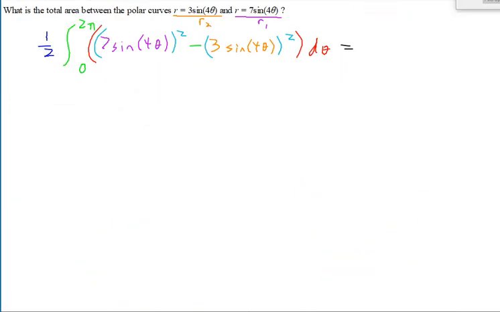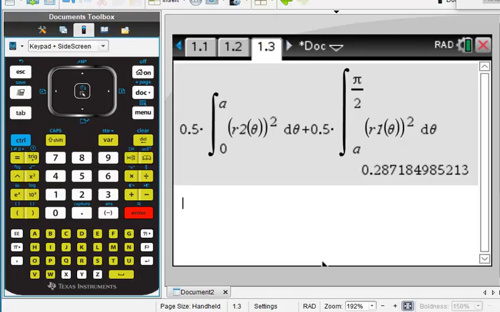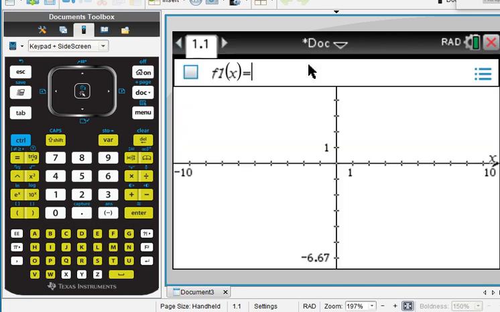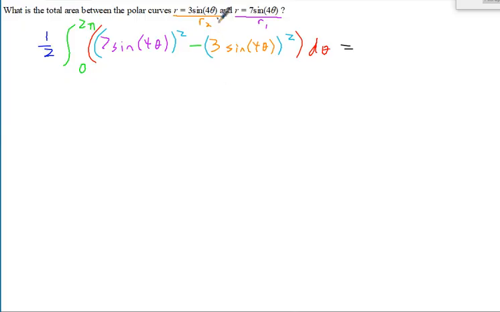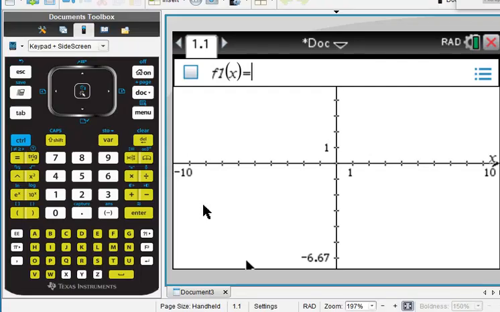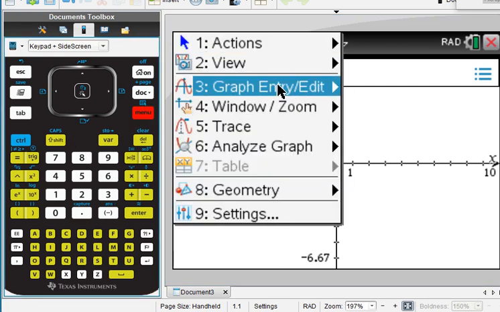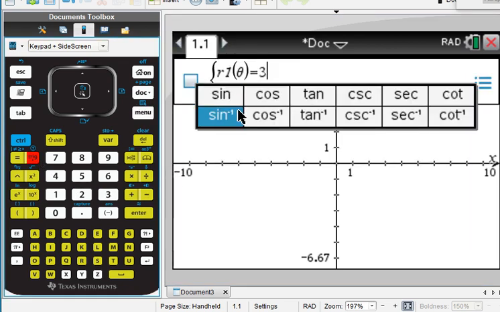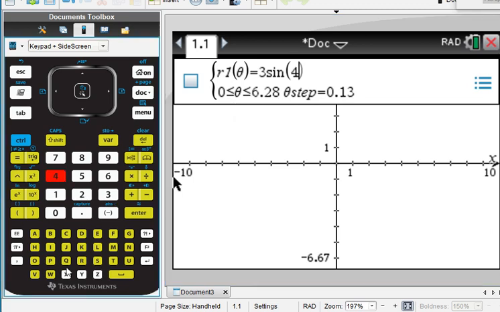Okay, so let's do this on the Inspire real quick. Create a new document. Add graphs. You can see again the first one was 3 sine of 4 theta and 7 sine of 4 theta. So I'll put this in polar mode again. Menu, polar. 3 sine of 4 theta.